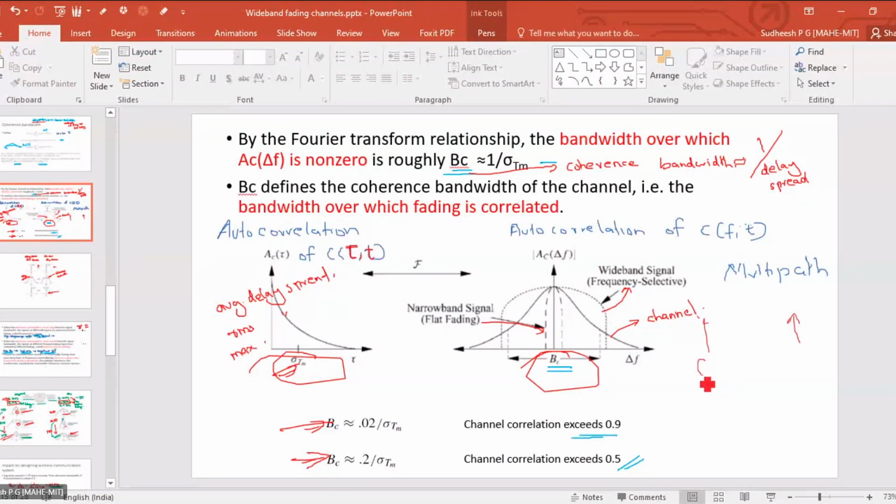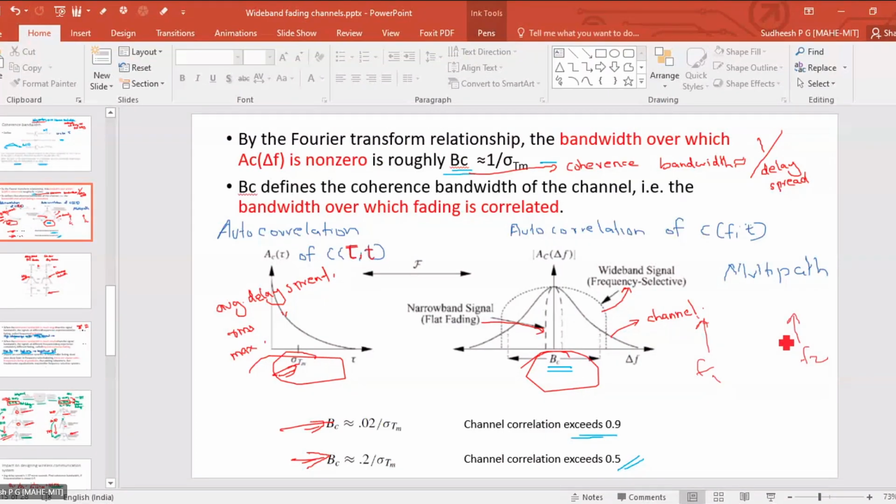If you have F1 here and F2 here, and if F2 minus F1 is more than the coherence bandwidth, then the components at F1 and F2 will be experiencing different kinds of treatment.